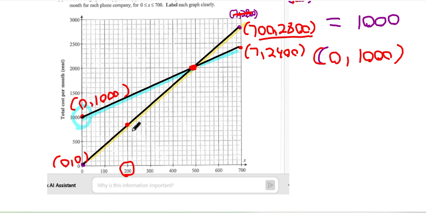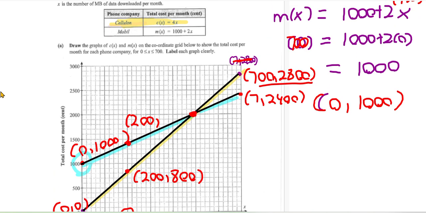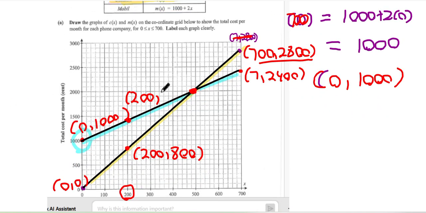Cellulon roughly costs 800. Does everybody see that? And at 200, how much does this one cost? It costs 1,400. So would you all agree that at 200, Cellulon is cheaper than mobile?